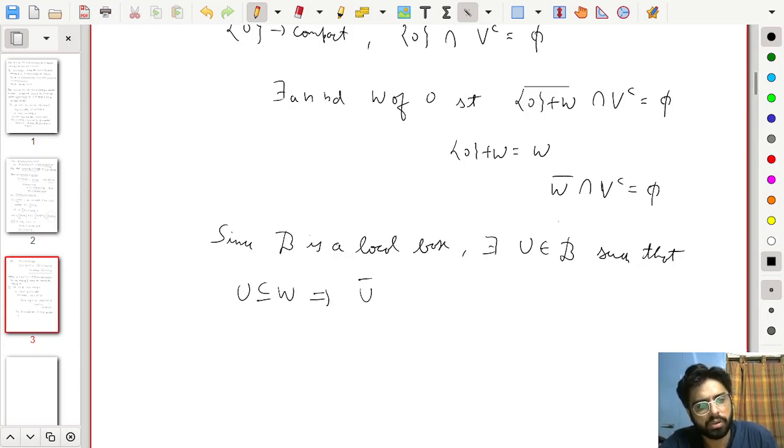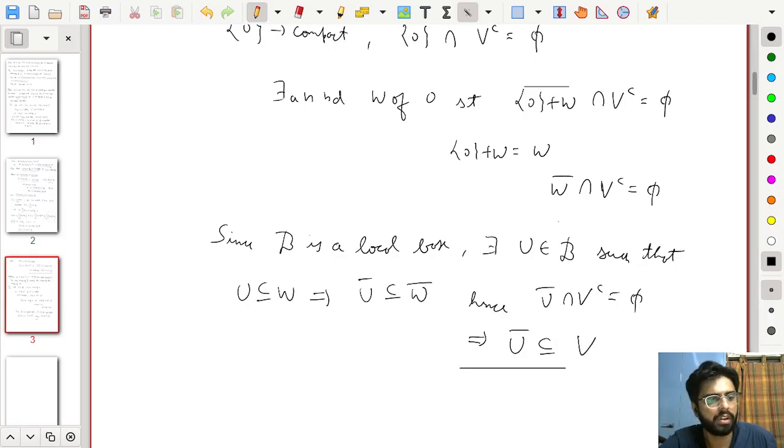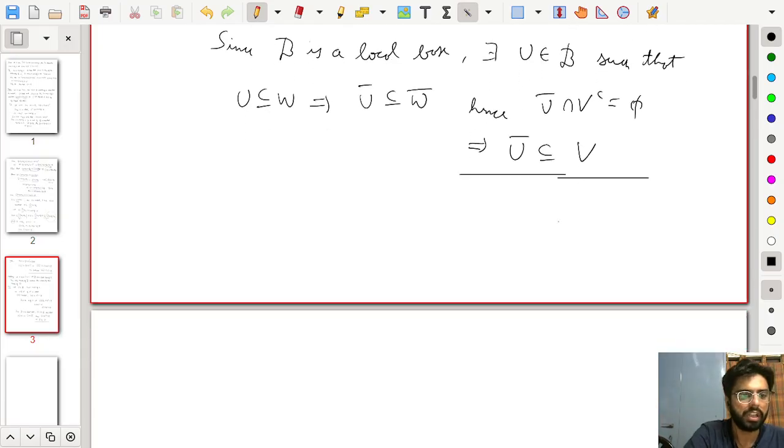This implies the closure of U is contained in the closure of W. Hence, the closure of U intersected with the complement of V is empty. This implies the closure of U is contained in V, right? This is what we needed to prove. So this proves the corollary.